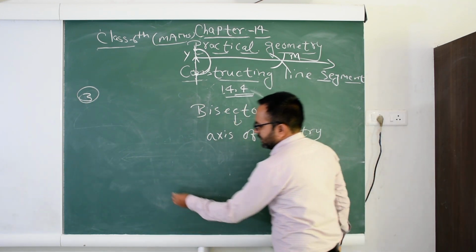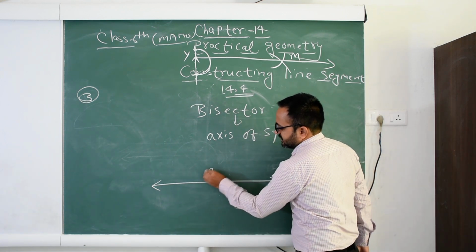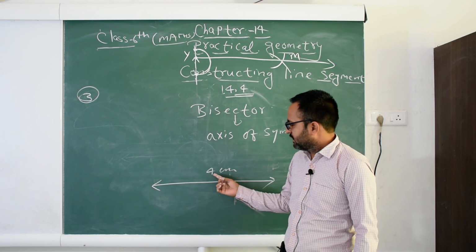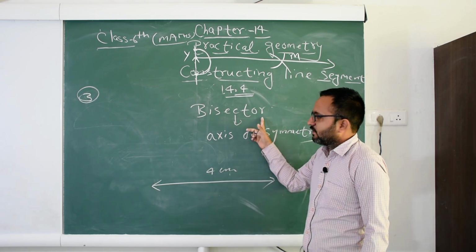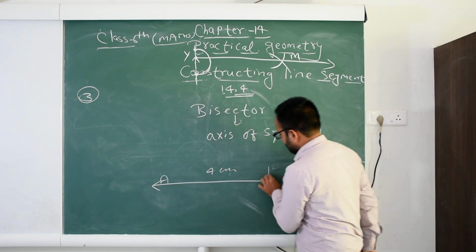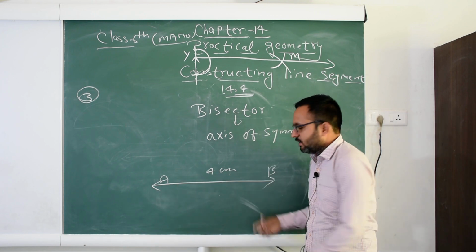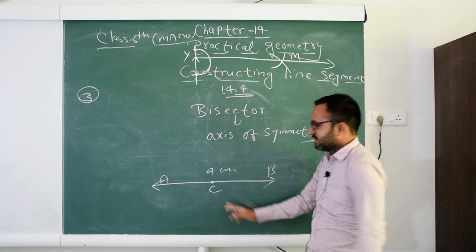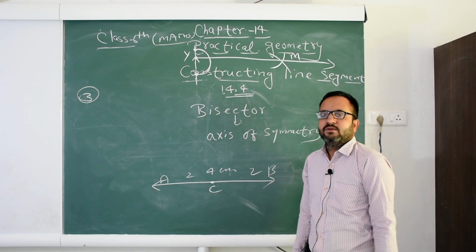Suppose you draw a line segment of 4 centimeters. If you construct a bisector of line segment AB, that means you divide line segment AB into two equal parts, at point C. So AC is 2 centimeters and BC is also 2 centimeters.